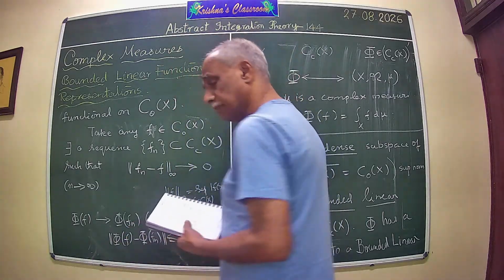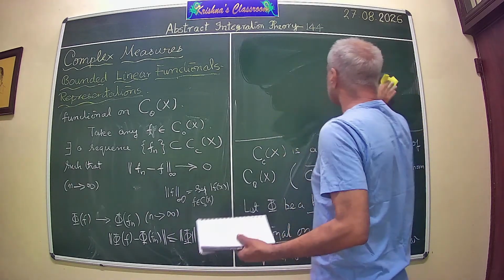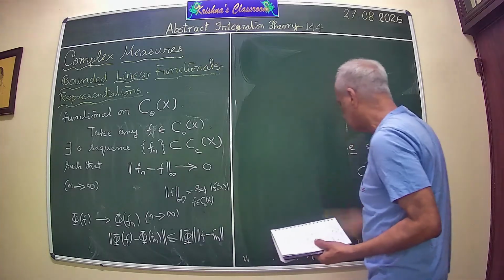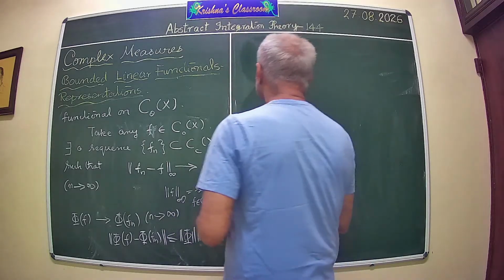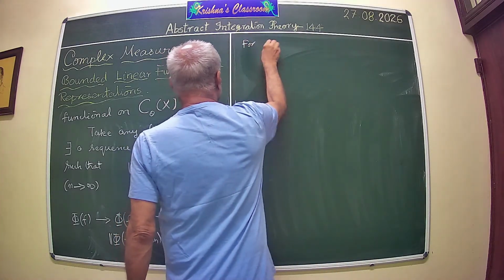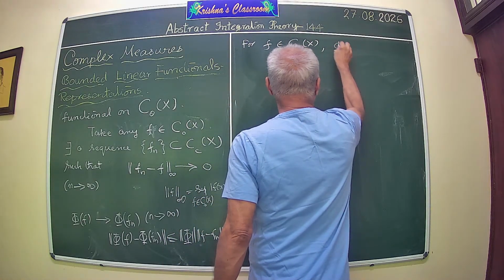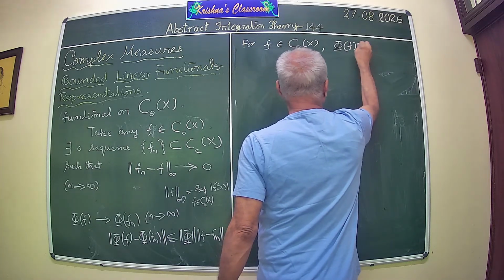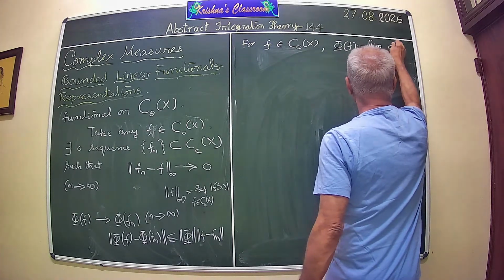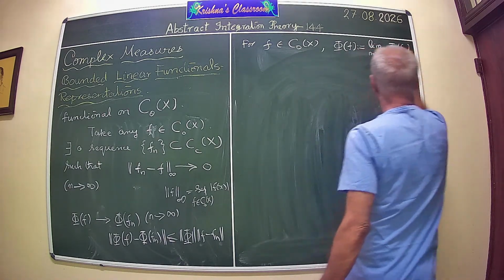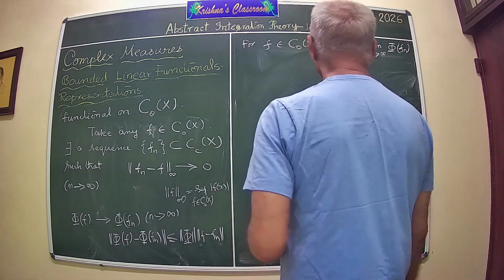Therefore phi of f is defined as the limit of phi of f n, where f n converges to f.